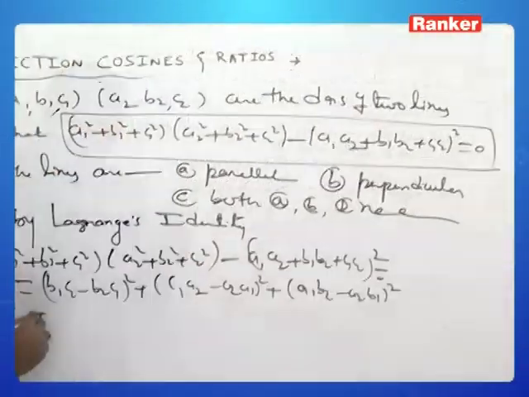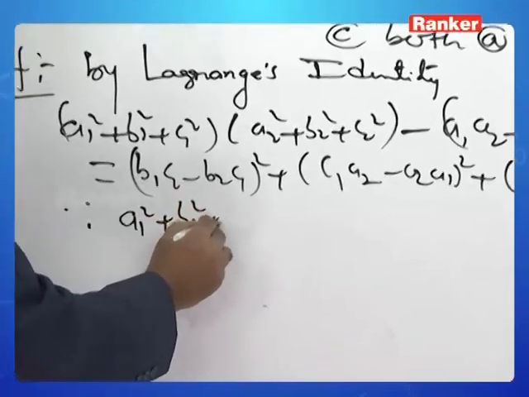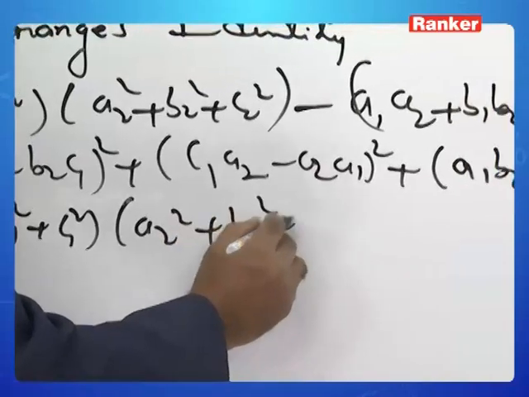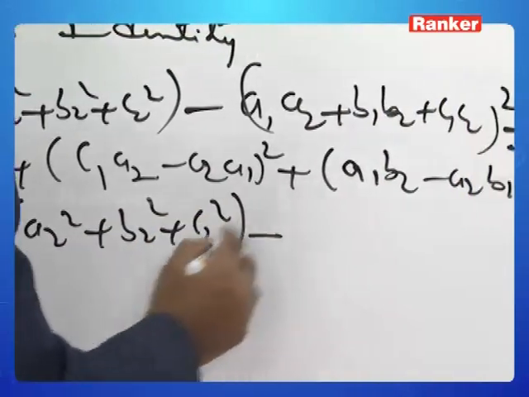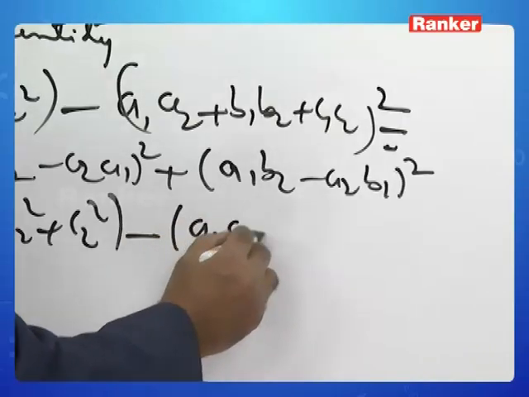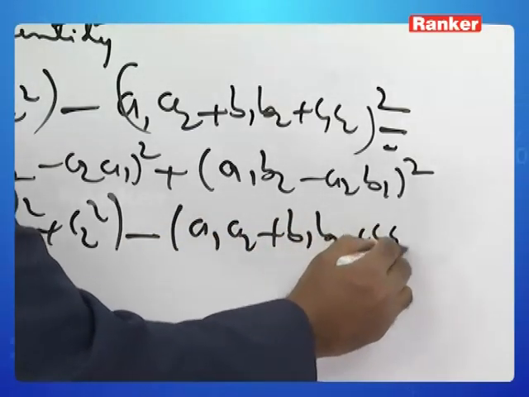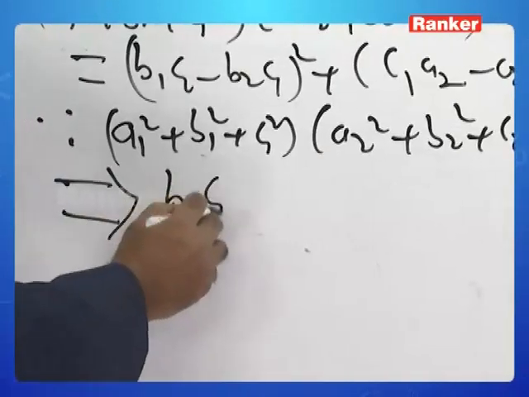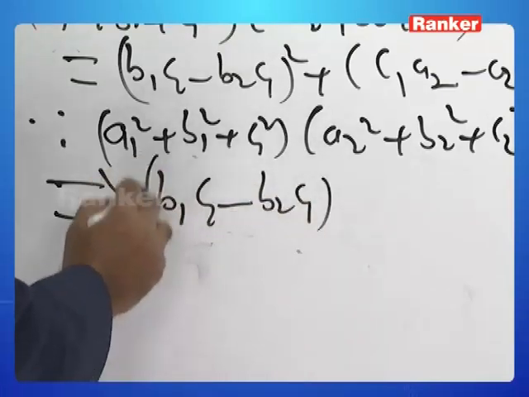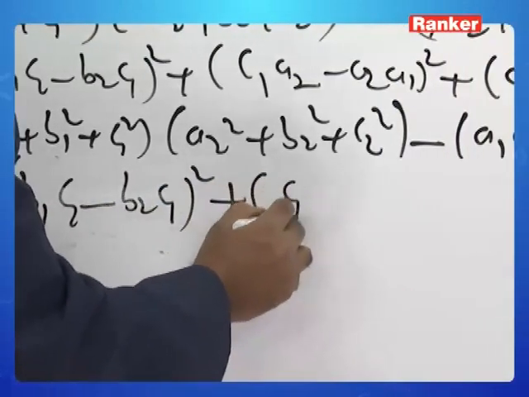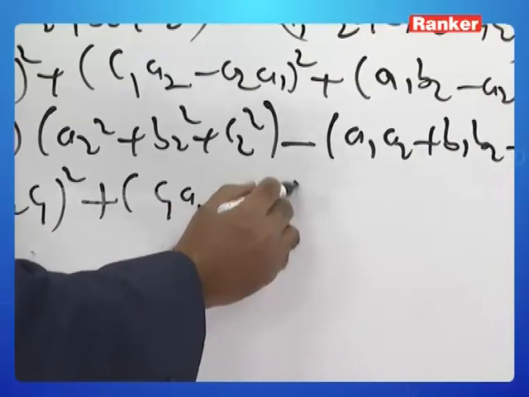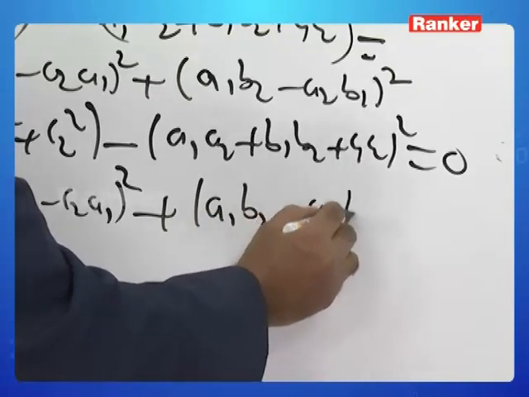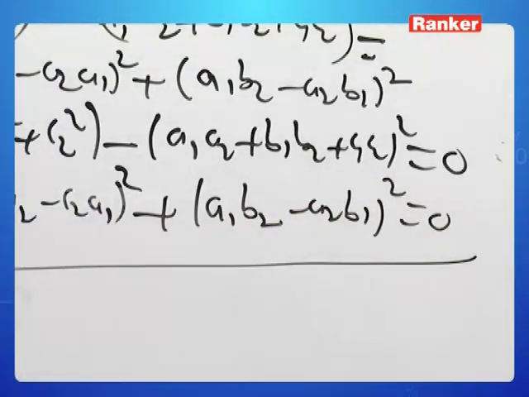Now since A1 square plus B1 square plus C1 square into A2 square plus B2 square plus C2 square minus A1 A2 plus B1 B2 plus C1 C2 whole square is equal to 0, which implies B1 C2 minus B2 C1 whole square plus C1 A2 minus C2 A1 whole square plus A1 B2 minus A2 B1 whole square is equal to 0.